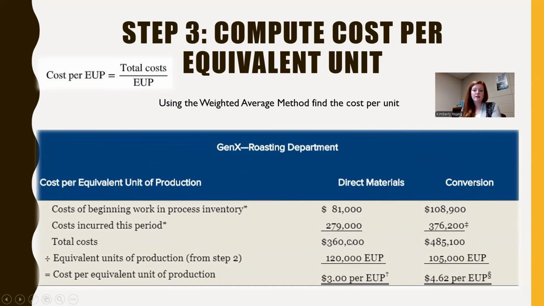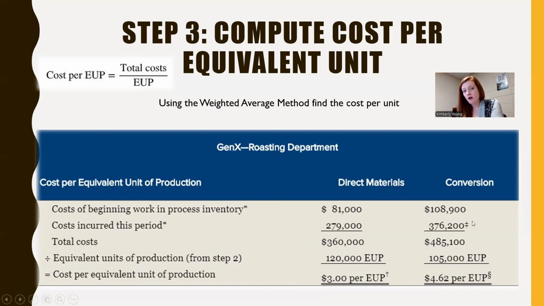So that's 360,000, the total cost for direct materials. We divide that by the 120,000 equivalent units of production, because all of their direct materials are ready to go. So when we divide that, it's $3 per equivalent unit of production for direct materials. In other words, it costs us $3 of direct materials per unit.